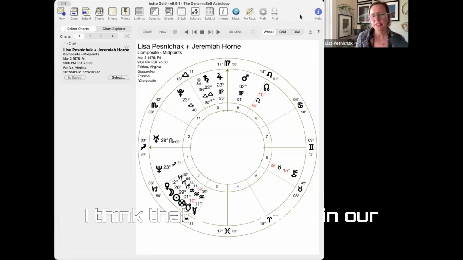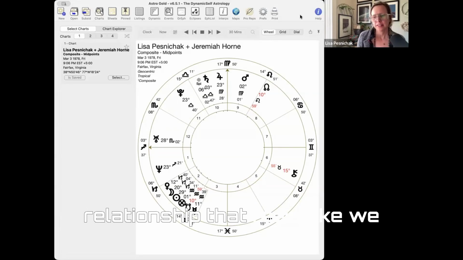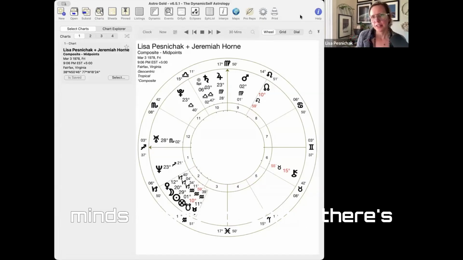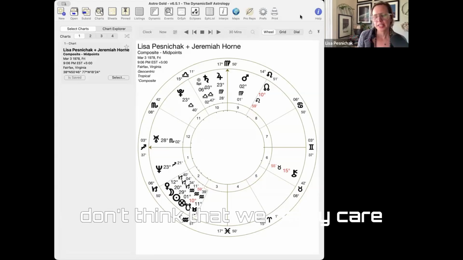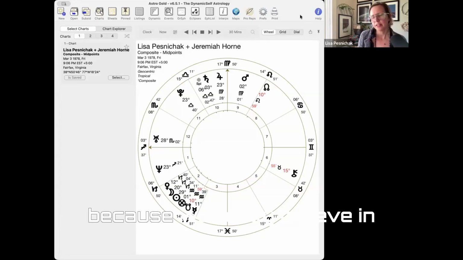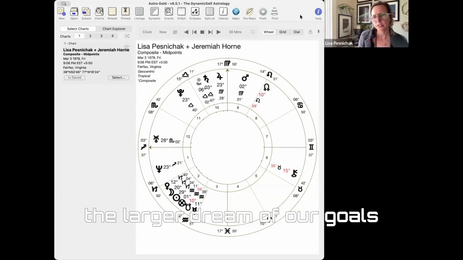I think that there's a lot in our relationship that feels like we can do whatever we put our minds to. And sometimes there's repercussions to that, but I don't think that we really care because we really believe in the larger dream of our goals in the world.